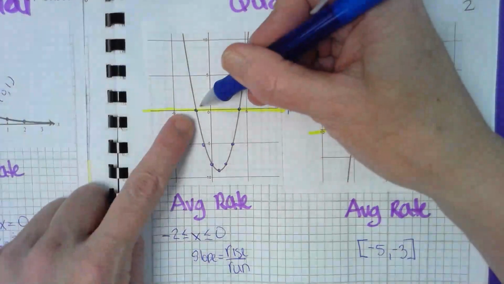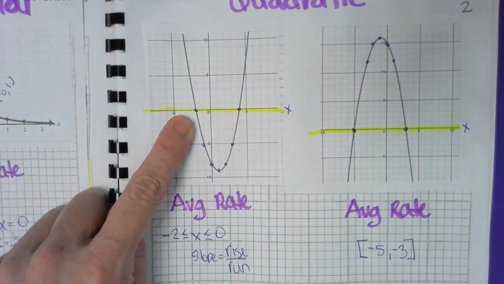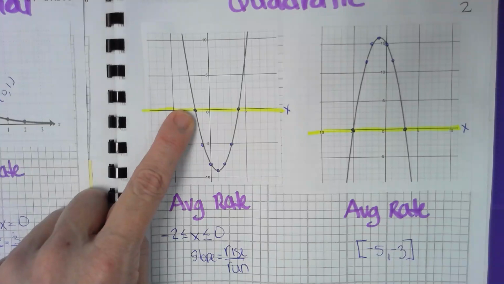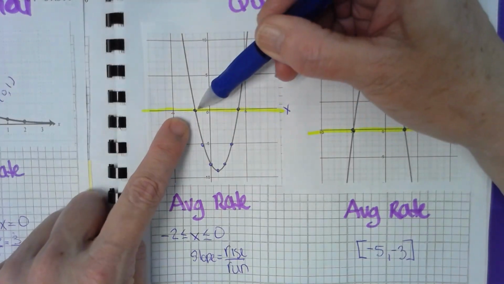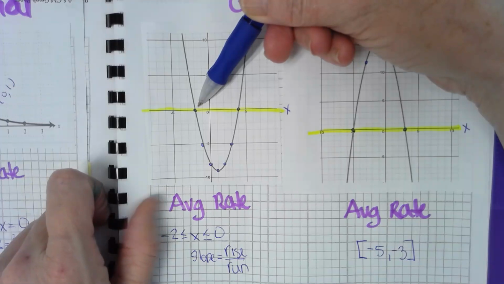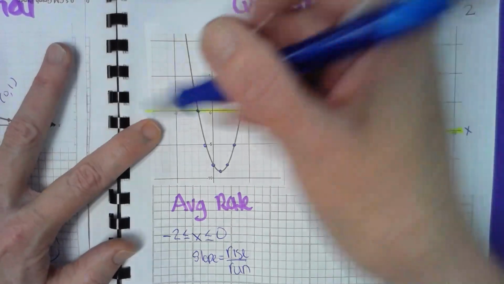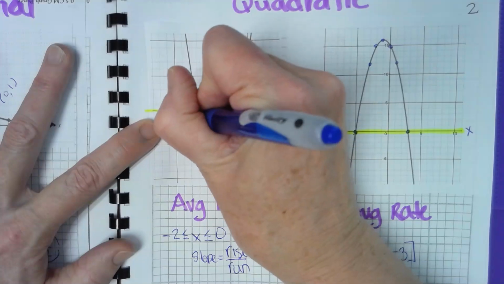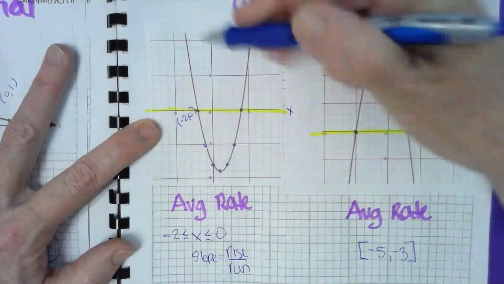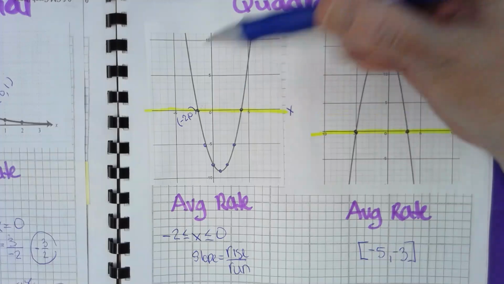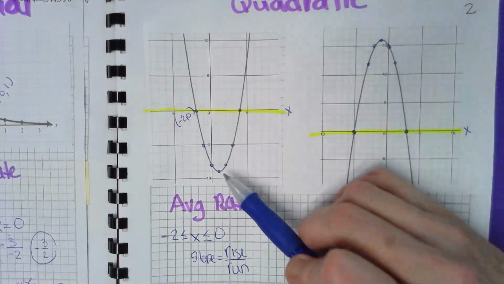Okay, what's this ordered pair? What's that ordered pair? -2, 0, yep. That's the ordered pair -2, 0. Okay, what is this ordered pair?